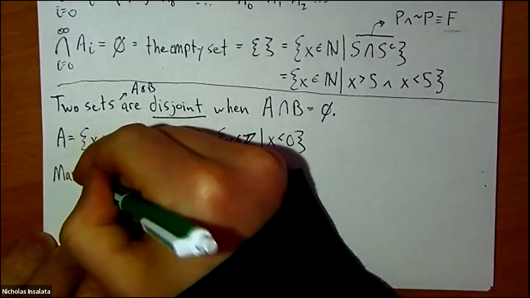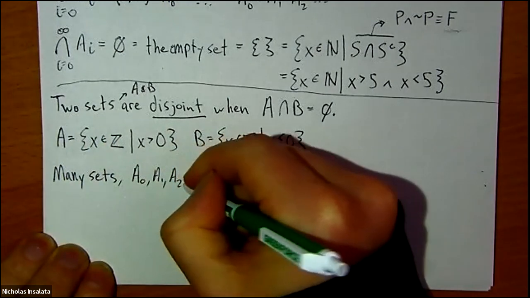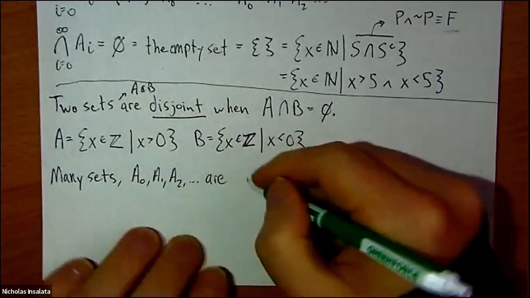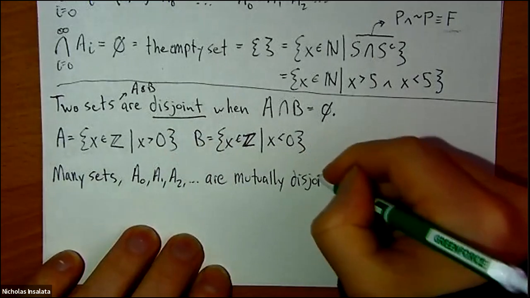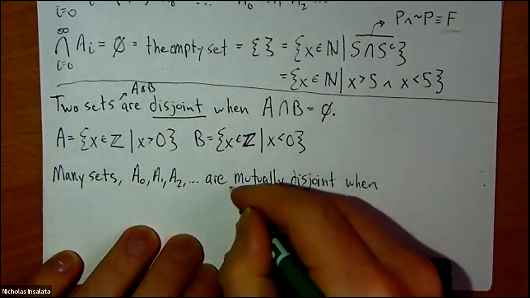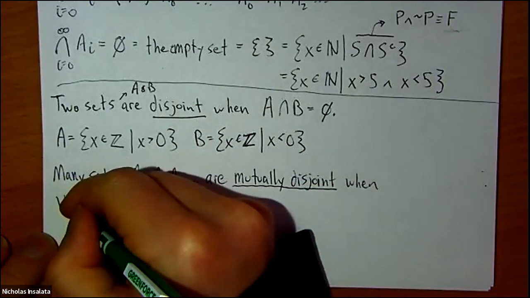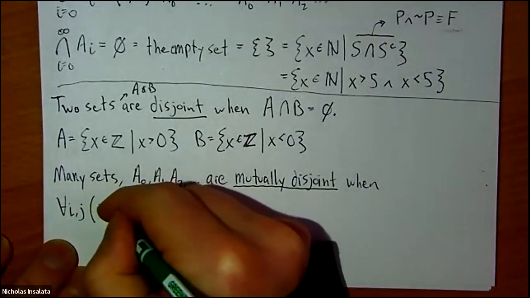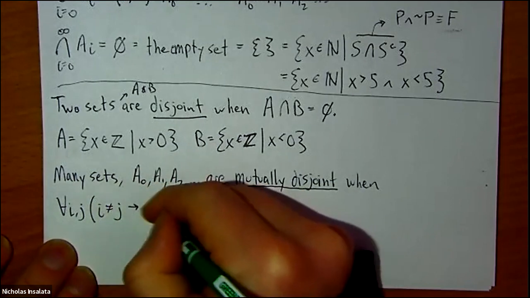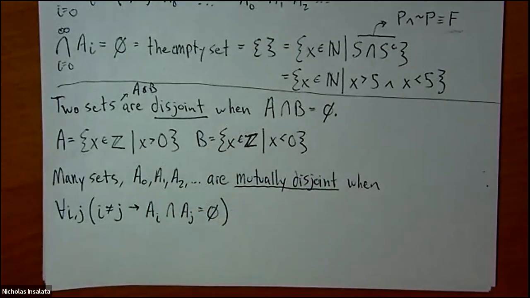Many sets, A0, A1, A2, and so on, are mutually disjoint when for all i and j, if i is not equal to j, then A sub i intersect A sub j is empty. Okay, now can someone explain what this means in English?